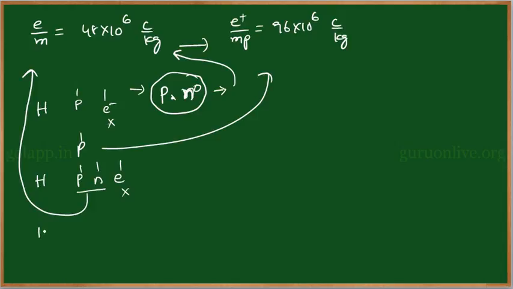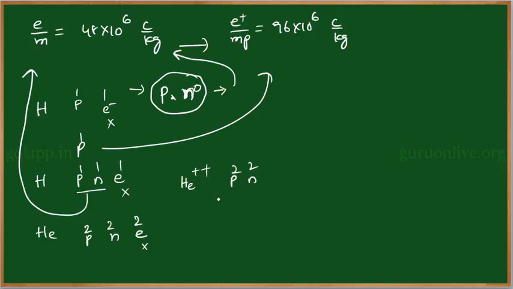And one more, helium. Helium has 2 protons, 2 neutrons, 2 electrons. If we take out these electrons, helium becomes He++. So He++ has 2 protons, 2 neutrons. So your charge becomes double and your mass also becomes double, but the ratio remains the same.